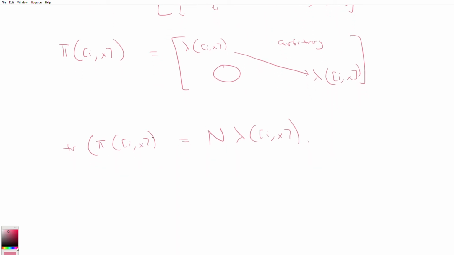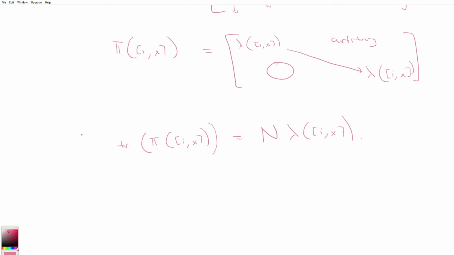So the trace of pi of I bracket x is equal to the trace of pi of I bracket with pi of x.